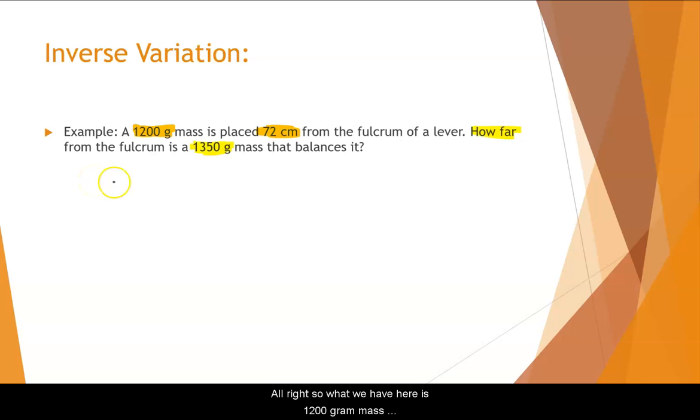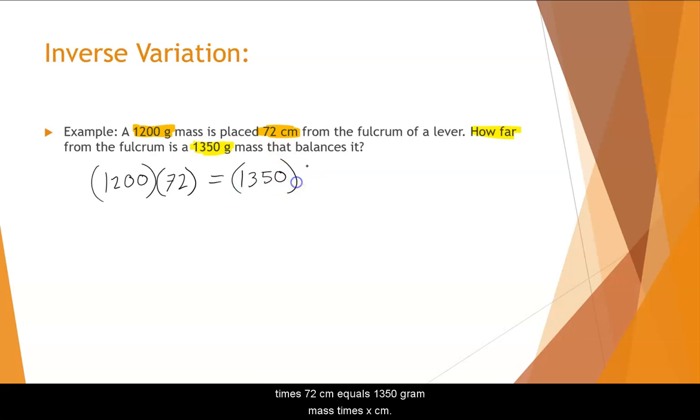All right, so what we have here is 1,200 gram mass times 72 centimeters equals 1,350 gram mass times x centimeters. So we have the product of situation 1 equals the product of situation 2.